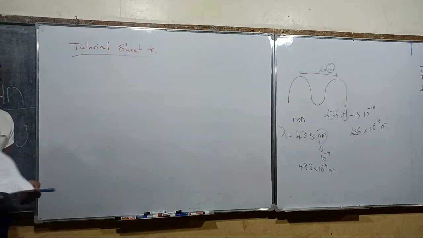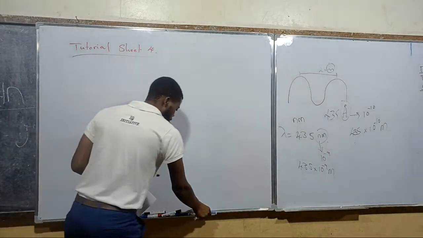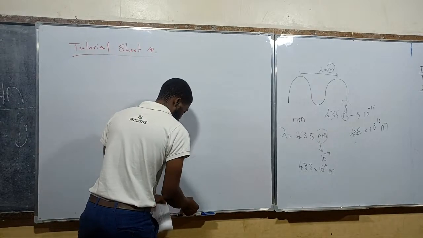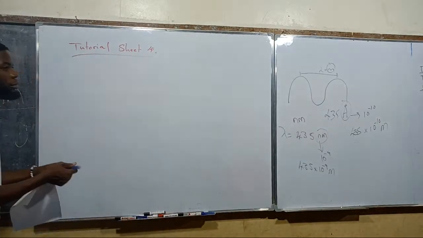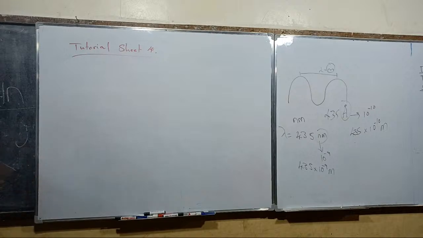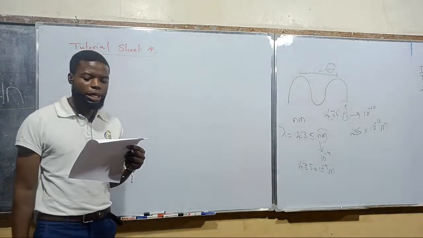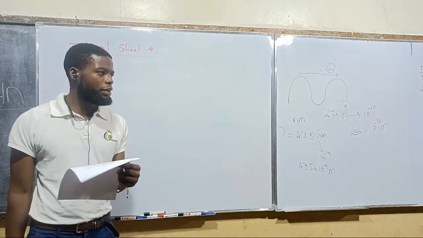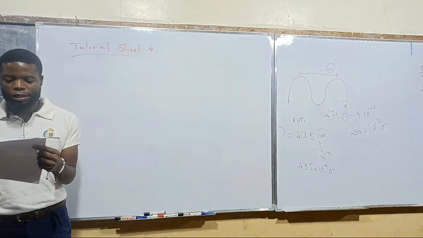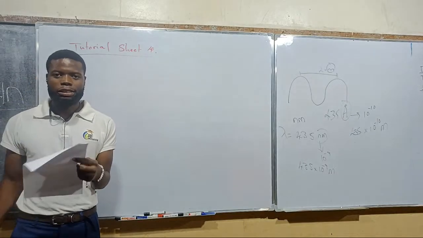Okay, so question number 1 is saying the wavelength of a photon of light emitted from the heated copper-1 chloride crystals was found to be 862 nanometers. Calculate the frequency of this light.